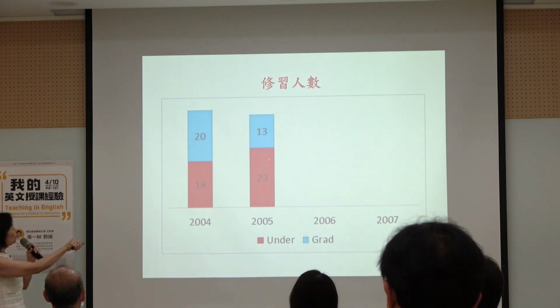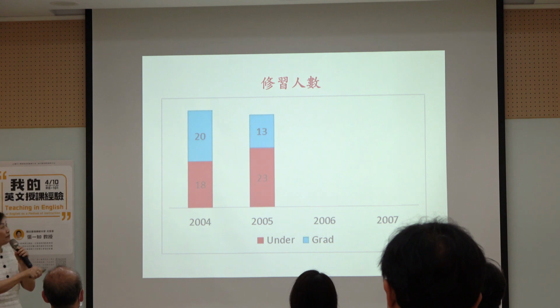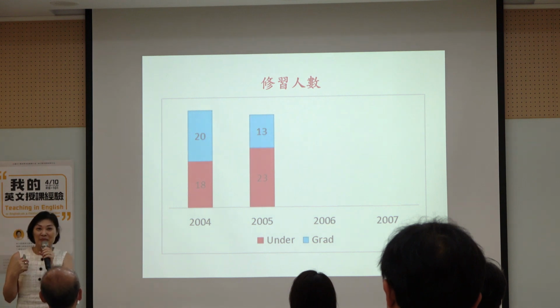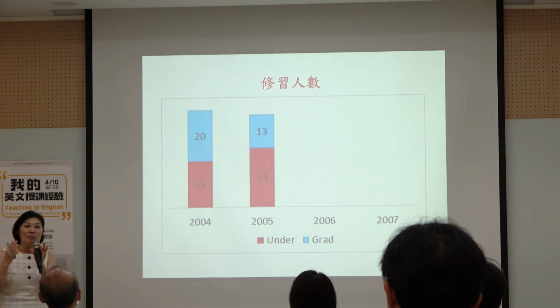In the end, what I found is that most of the undergraduates wanted to experience English teaching. They never had that. So they participate. And the graduate students just want to get the credit, so English is a little bit discouraging. So in the end, I didn't see much difference.